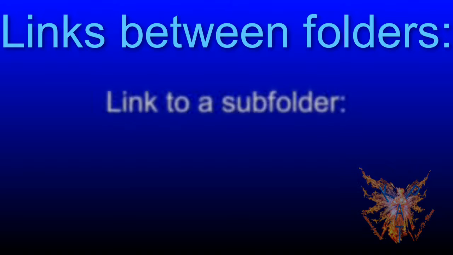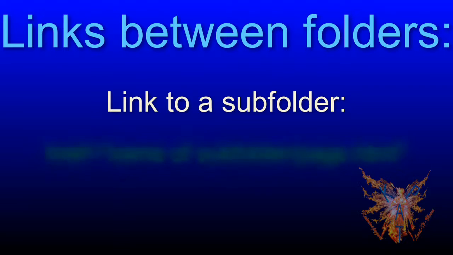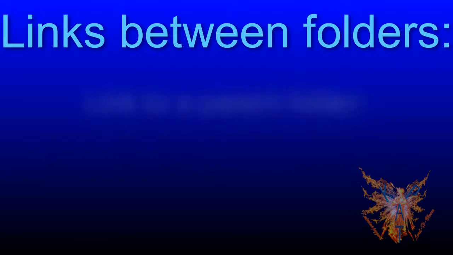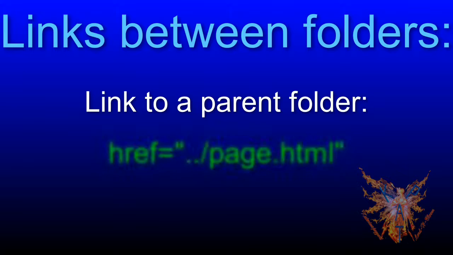Very simply. To go from a folder to a subfolder, just add the name of the subfolder, followed by a /, and the name of the file to reach. To go from a folder to a parent folder, add two successive dots, the / and the name of the file to reach.